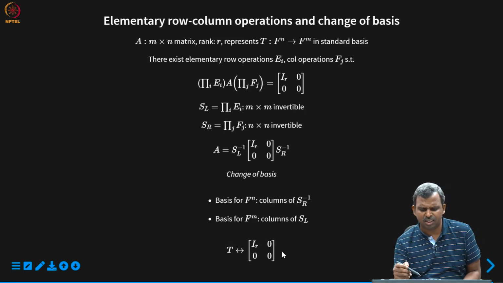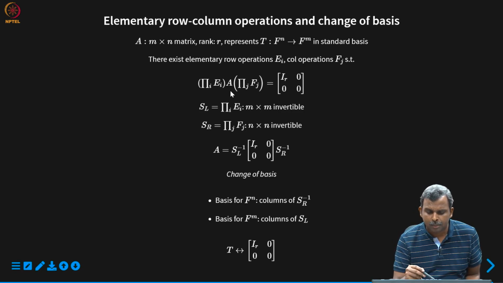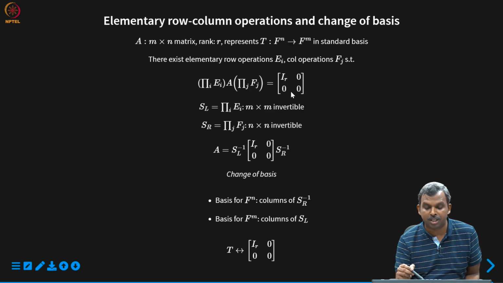Think about why that is true. If you are allowed to pick an arbitrary basis for Fn and an arbitrary basis for Fm, and these two need not be equal, then you can pick them through elementary row and column operations so that your linear map gets represented by just this IR0, 0, 0.